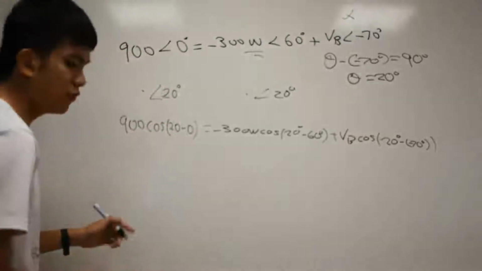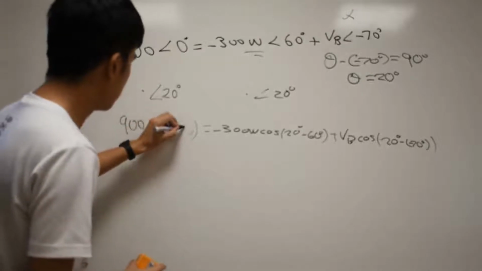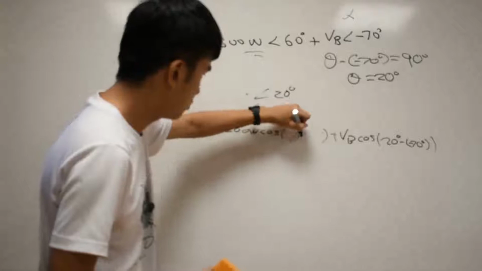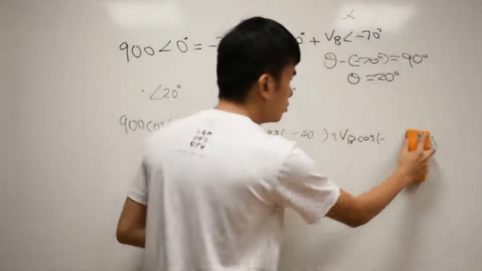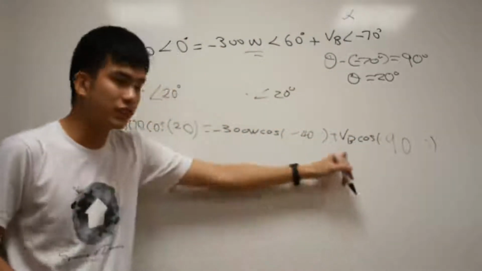So this one will give you 20, right? 20 minus 0 is 20. 20 minus 60 is negative 40. And 20 minus negative 70 gives you 90. And thus cos 90 is 0.